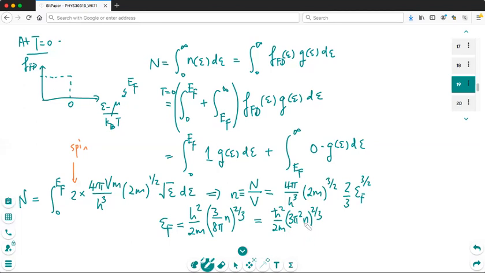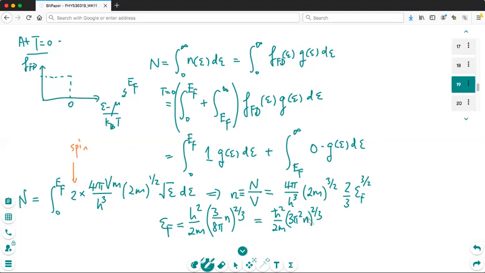If I have more particles, and the volume is the same, which is something we implicitly assume, otherwise the discussion will be difficult because I want the same energy levels. I solve my Schrodinger equation, I have my energy levels.